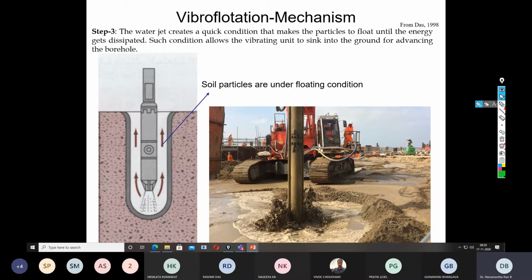Another way of understanding this is, when you inject the water, because of the jet force there is a kind of localized liquefaction or quicksand condition that is created. Now, as you know from your undergraduate courses, when there is a liquefaction, the soil gets densified. The same phenomenon is mimicked in the case of the vibroflotation.